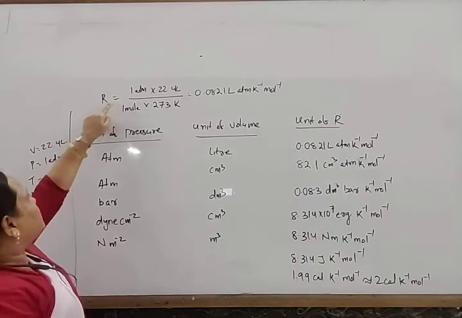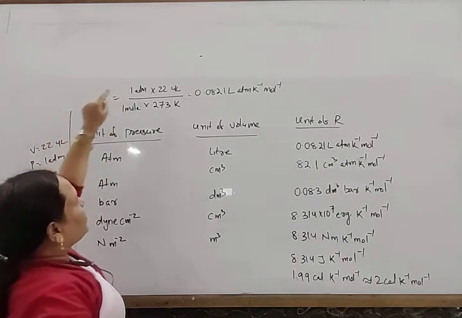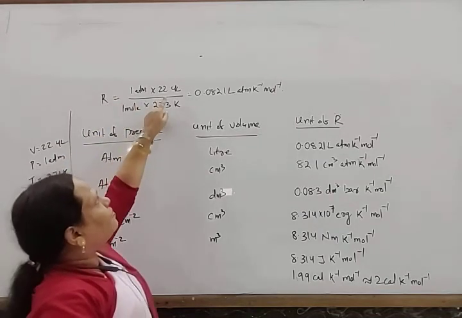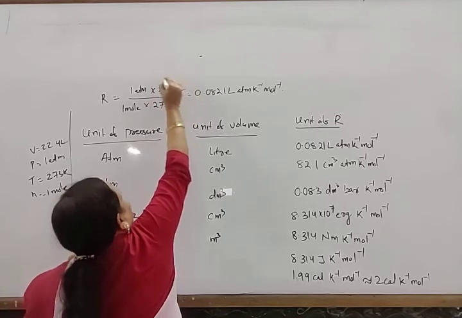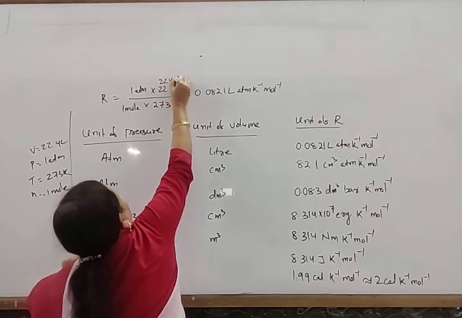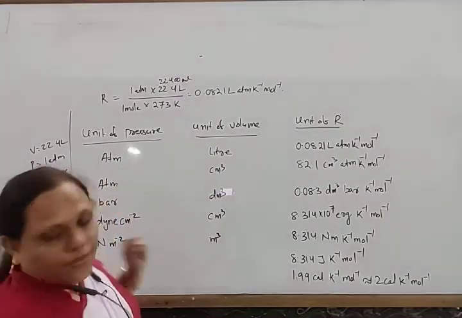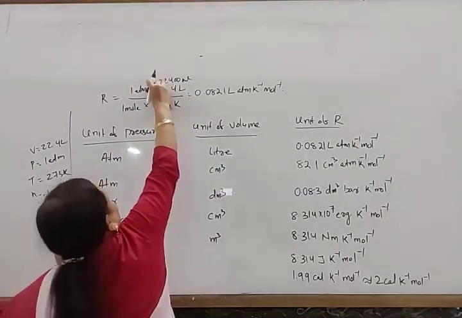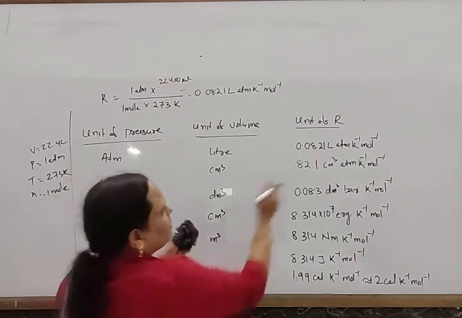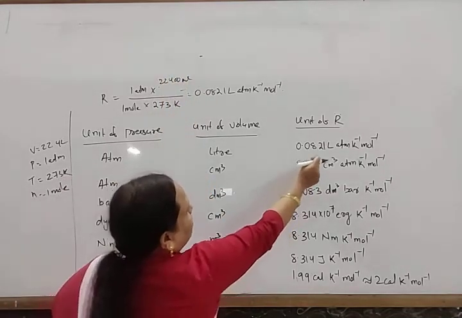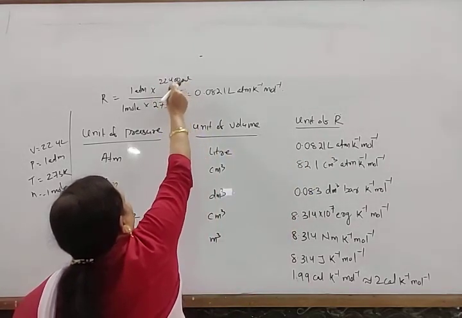If the pressure is taken in atmosphere, and instead of volume in liter, it is taken in ml, 22,400 ml, and 1 ml equal to 1 cm cube, then you multiply 22.4 liter by 10 to the power 3.